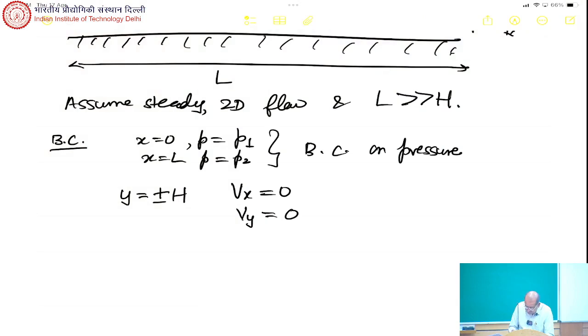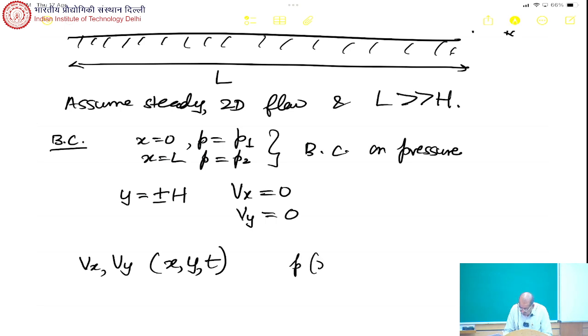So then what we have is, let's try to analyze. We are solving for Vx and Vy. And to start with, this is an analysis you have to do in your head. You don't have to write this.